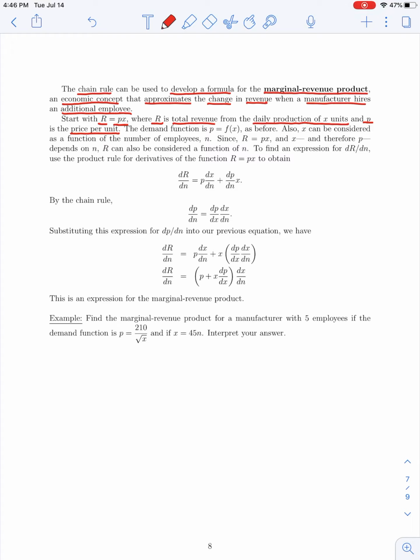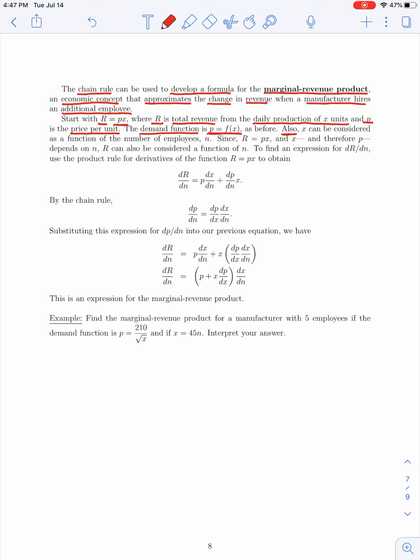So you take the number sold times the price you were selling them for, that gives you your total daily revenue. Now, the demand function is given by P, the price, is equal to some function of X. So here we can think about price as being determined by the number of units produced.